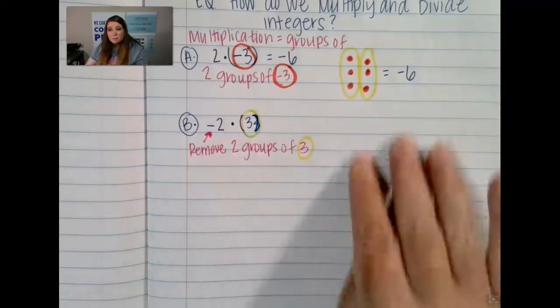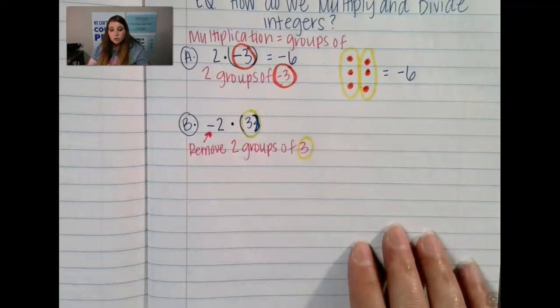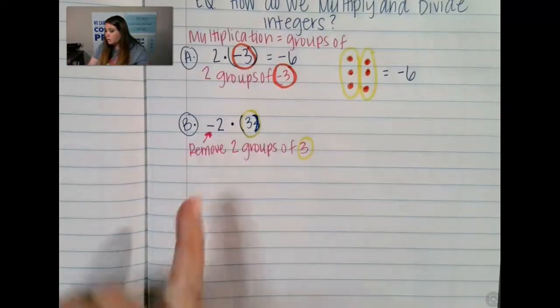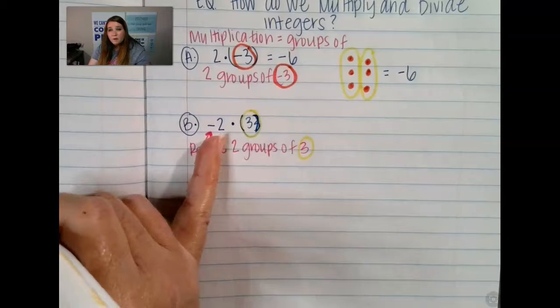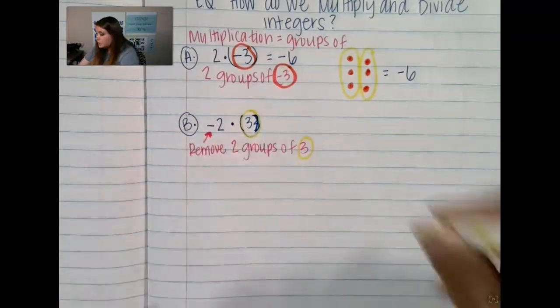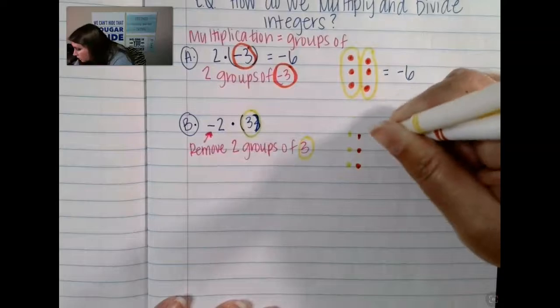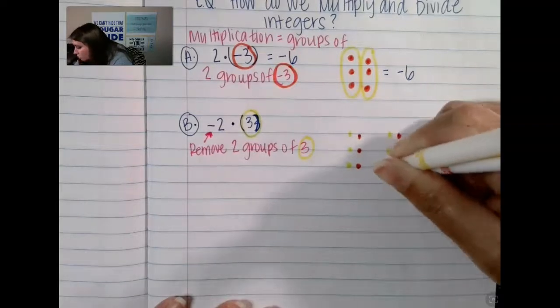Here, I have to remove. Because there's nothing to remove, I'm going to make 0 pairs so that I actually have something to remove. I have to create the possibility to remove something. So I'm going to create 2 groups of 3 zero pairs. 1, 2, 3, 1, 2, 3.